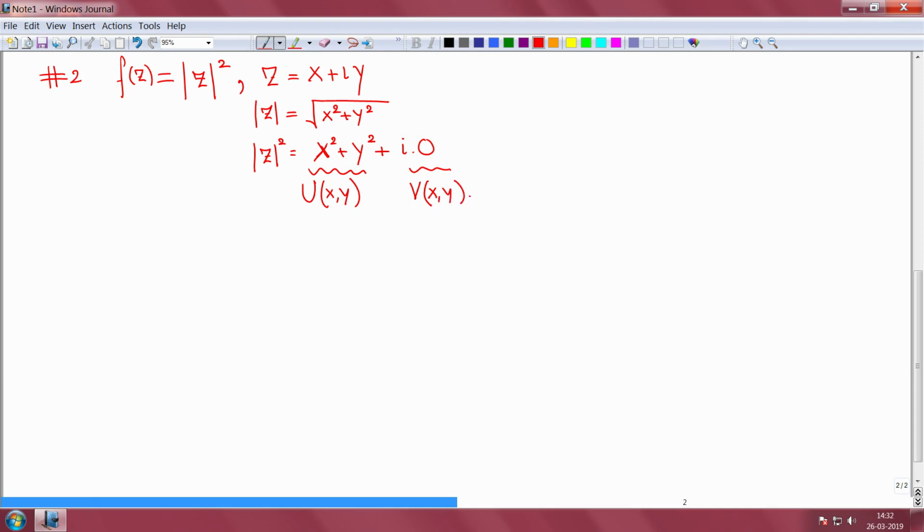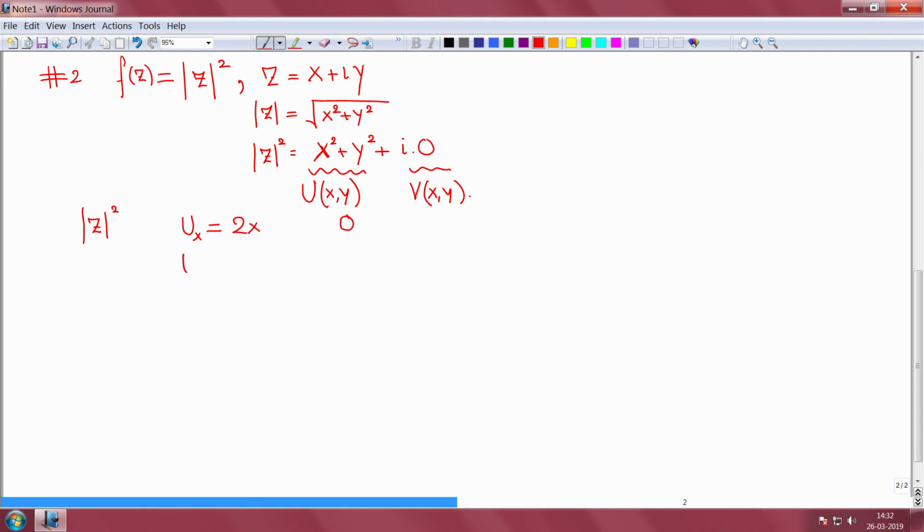We have already seen that magnitude of z square is not a very well behaved function. It is not analytic, it does not have a derivative. And so now we will check if u_x is equal to v_y. Now u_x is here twice x and v, the function itself, is 0. So there is no question of v_y, v_y is 0.